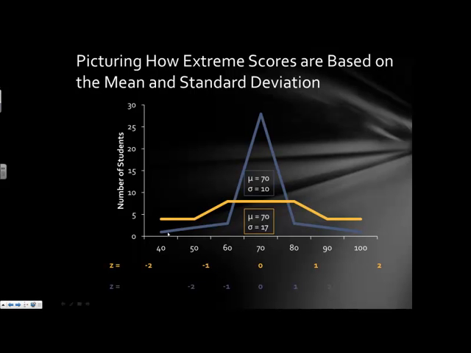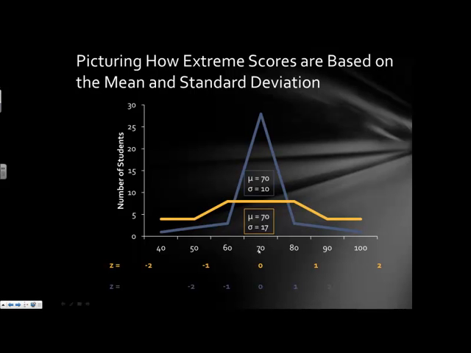Now compare that to the blue distribution. When you have less variability, scores are more clustered around the mean. As a trend, scores are closer to the mean. So if you look here, the z-score of 0 is right at the mean for both distributions, because a score of 70 is 0 standard deviations away from the mean, because it equals the mean. Same thing going on here.